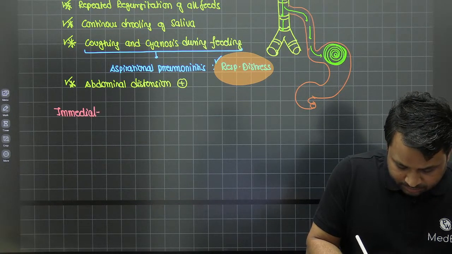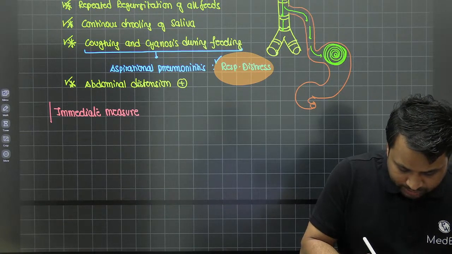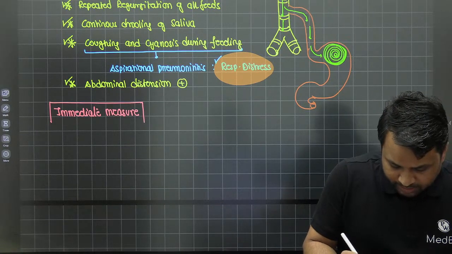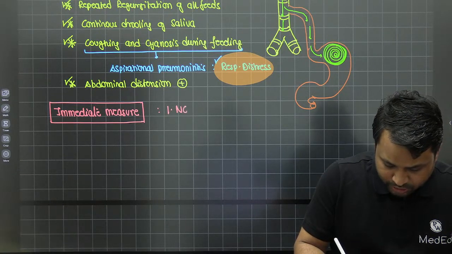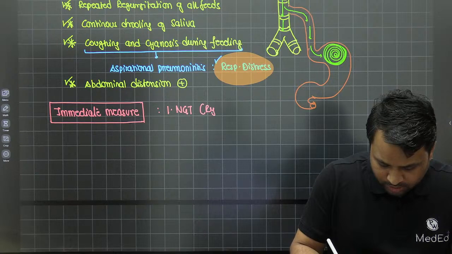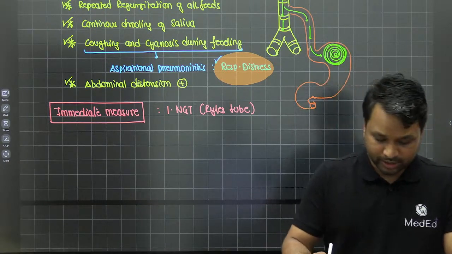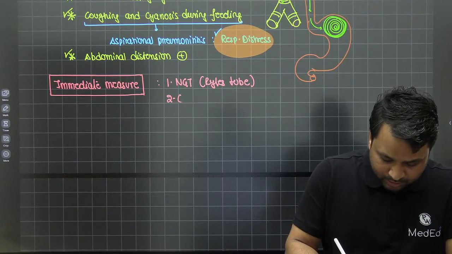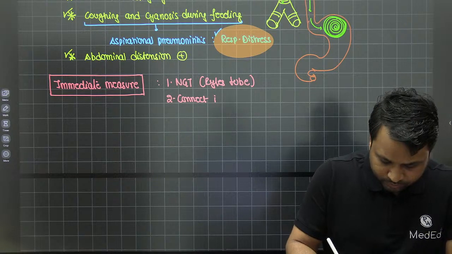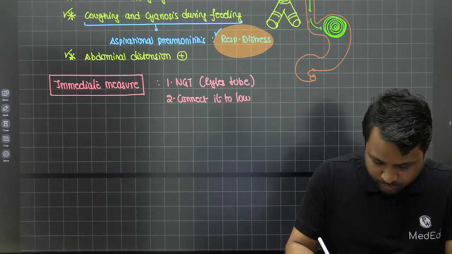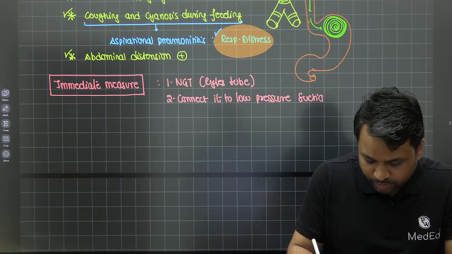as an immediate measure, what am I going to do? Now, as an immediate measure, I am going to insert a nasogastric tube, which is also called the Replogle tube. I will insert a nasogastric tube or a Replogle tube and then connect it to low pressure suction.